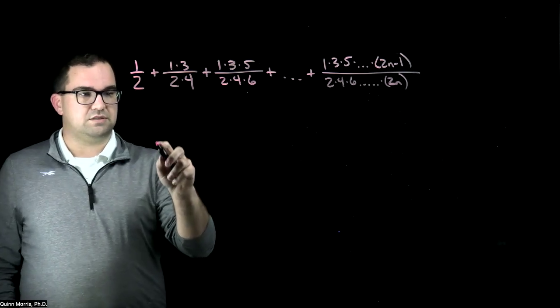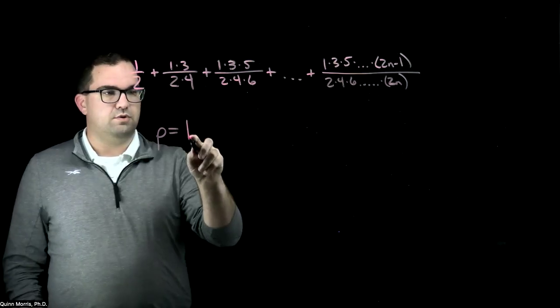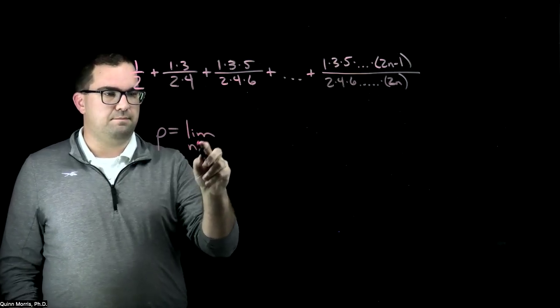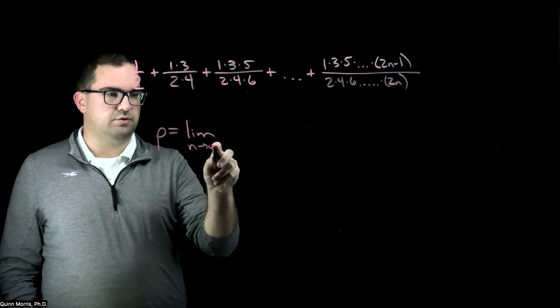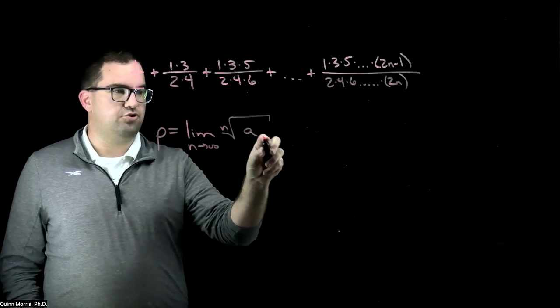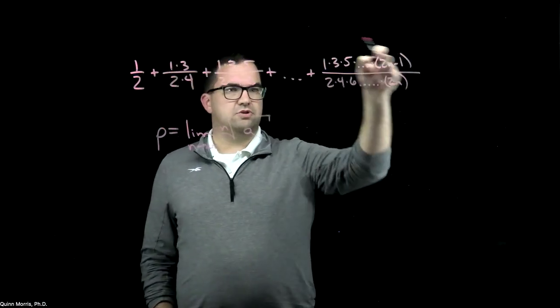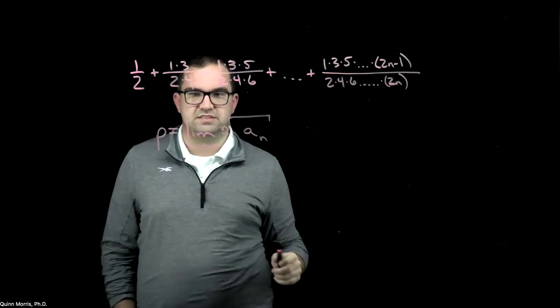The root test asks us to find this value rho, which is defined to be the limit as n goes to infinity of the nth root of the nth term of the series. So looking here, right here is our generic nth term of the series.